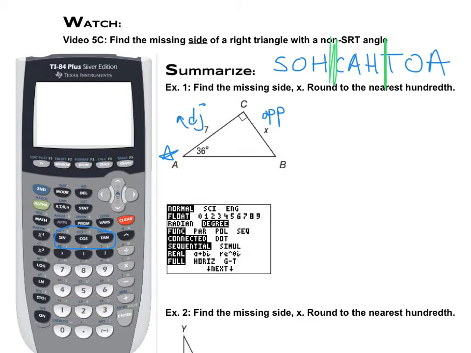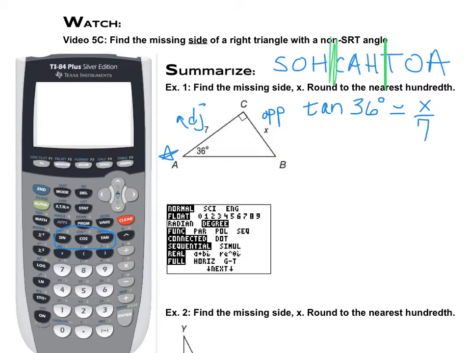So that tells us that as we set up the proportion equation in this example, we want to start by using the tangent ratio. So the tangent of what angle? Well, we're given the 36-degree angle, and that is going to be equal to its opposite side, which currently is an unknown, all over its adjacent side, which is 7.